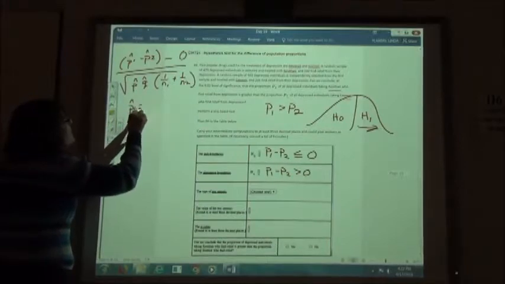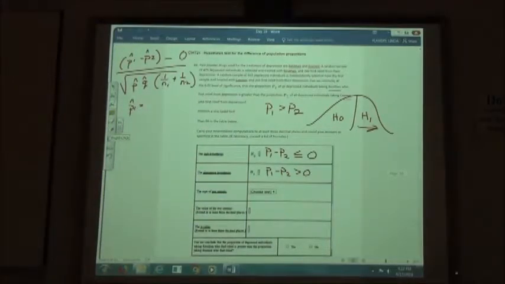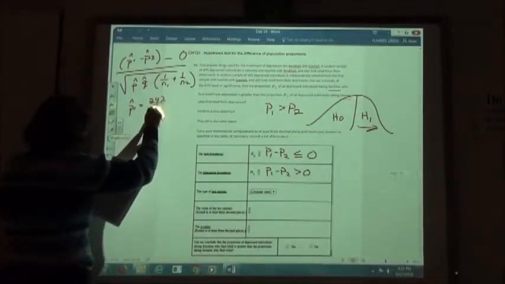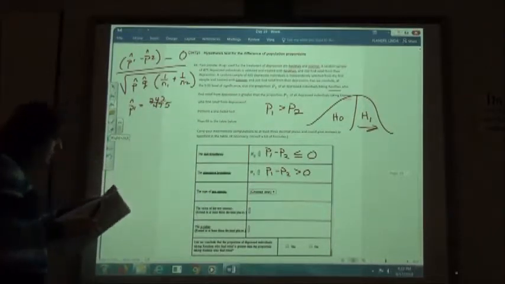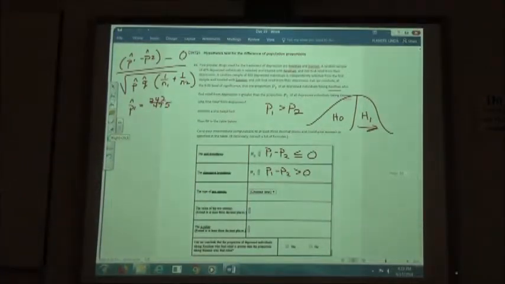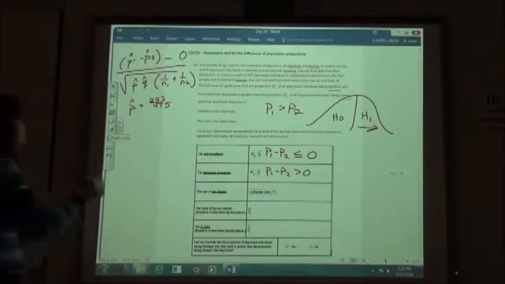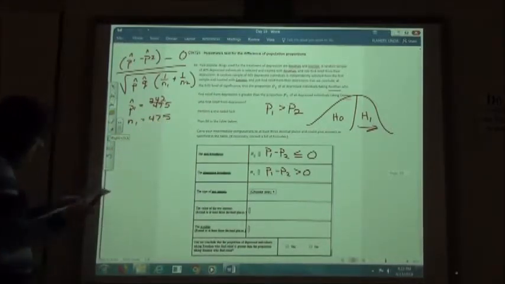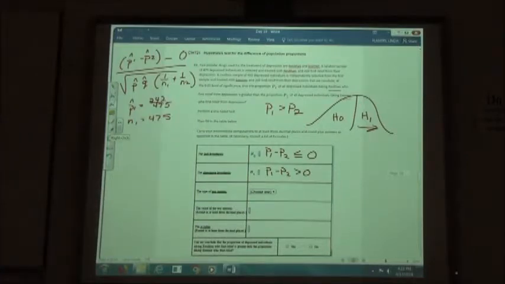All right. So, p hat 1 is going to be the proportion from sample 1. On sample 1, 242 found relief out of the 475, right? 242 out of 475. So N1 in this case is going to be 475.